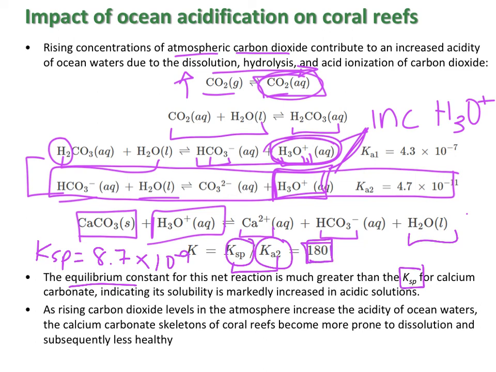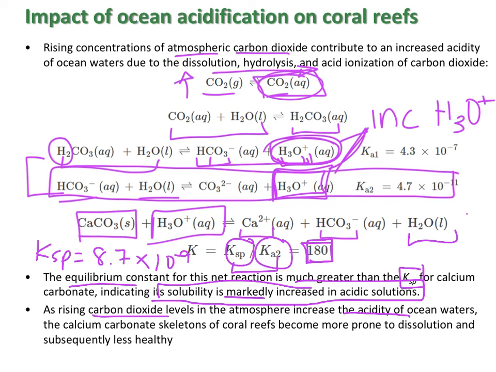So because of this, we have an increasing solubility of calcium in acidic solutions. So overall, as carbon dioxide levels in the atmosphere increase, they also increase the acidity, and then you also cause more dissolution of your original calcium carbonate.